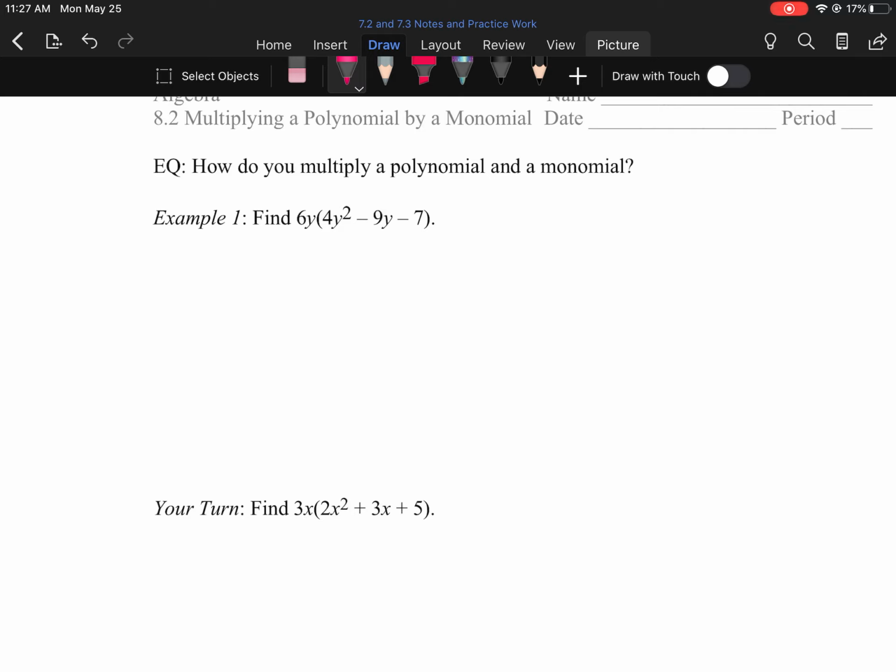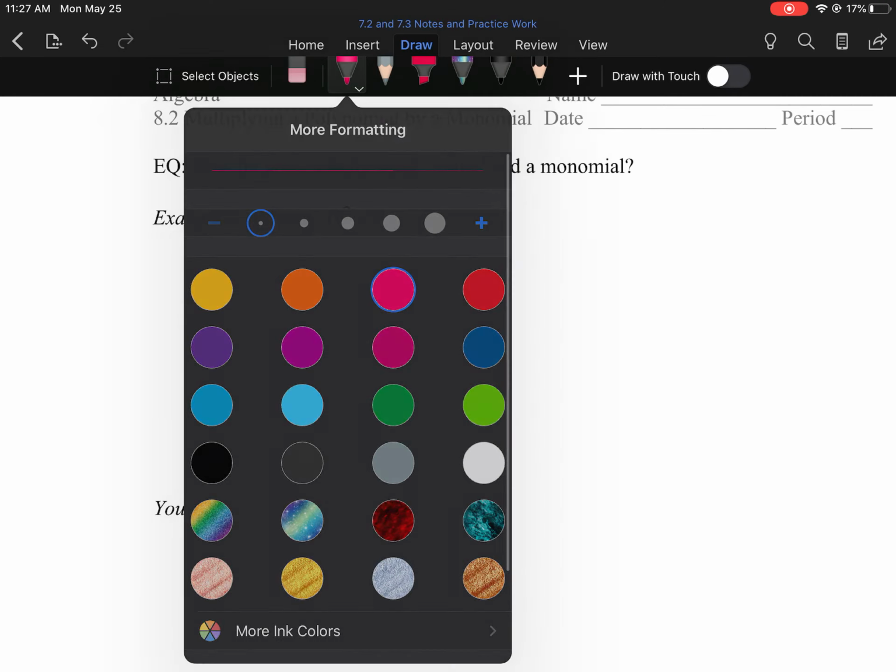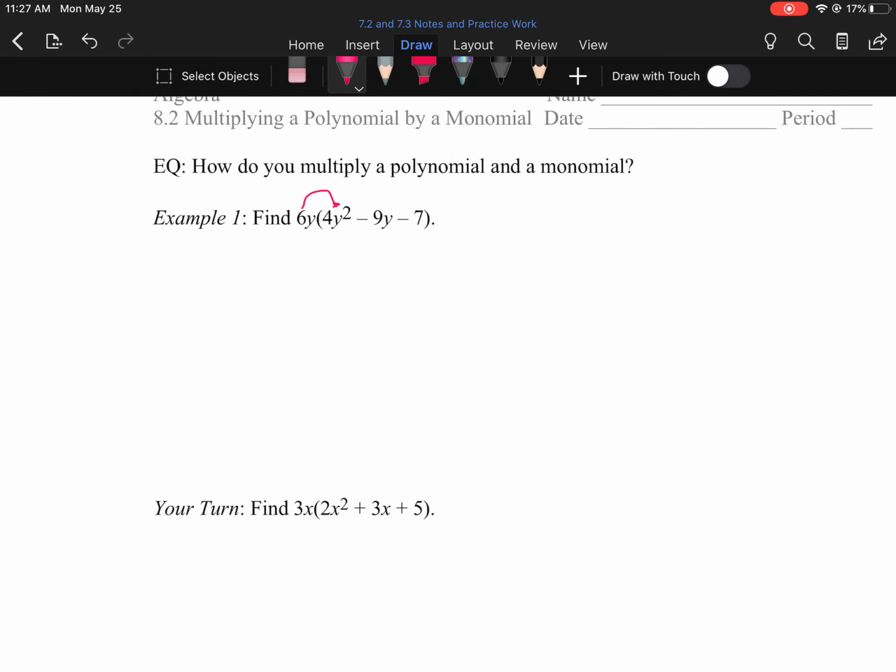We have to find 6y times 4y squared minus 9y minus 7. So again, distributive property. For this one, I might write it out. So I need to do 6y times 4y squared minus 6y times 9y minus 6y times 7.